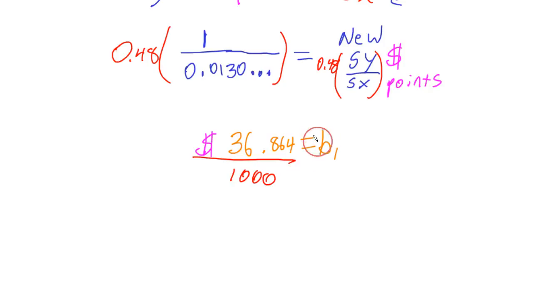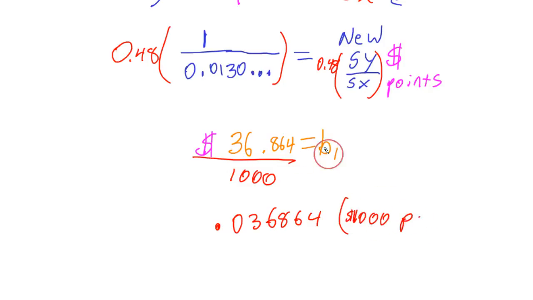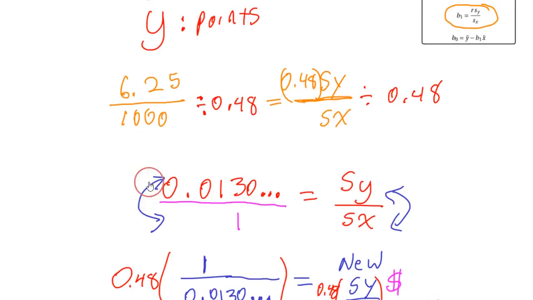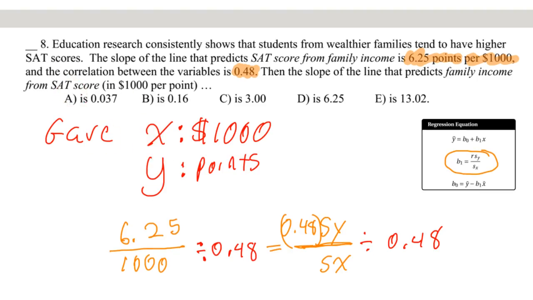When I do that, this is going to turn into 0.36864 thousands of dollars per point. So when I look at that, that means that coming up here, A is the best option that I have.